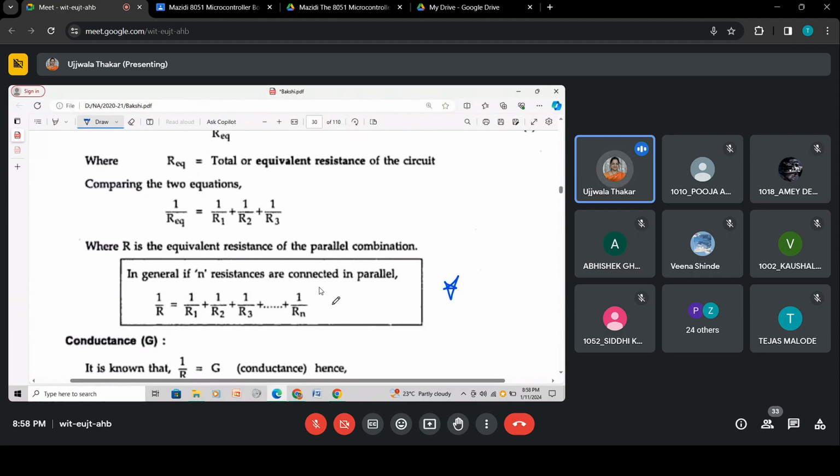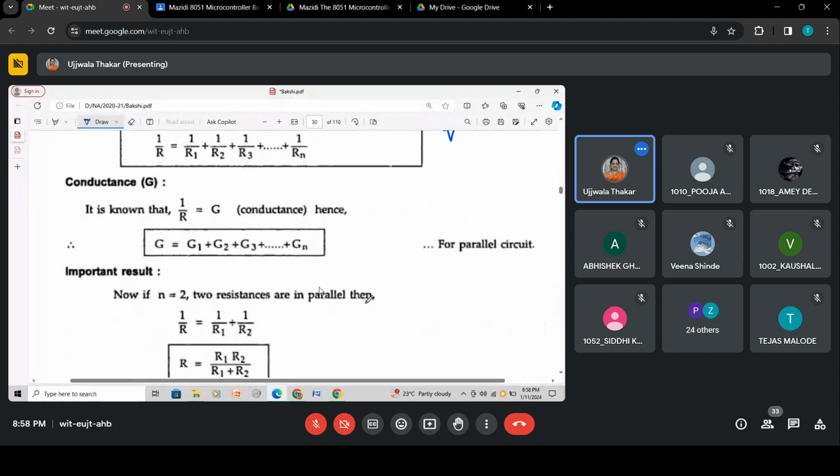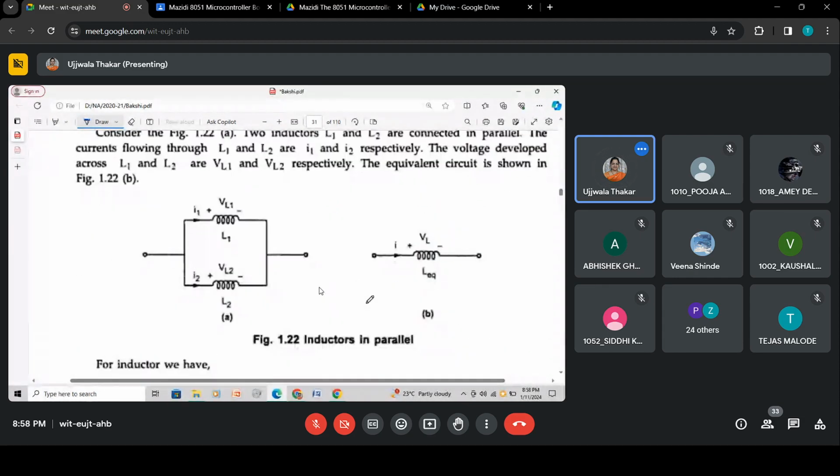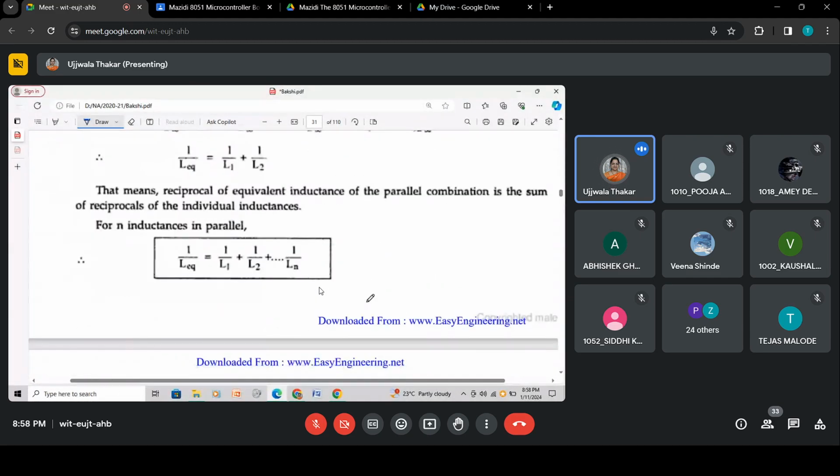Okay. You have to face these things a lot many times. So resistances in series, resistances in parallel. Capacitances and inductances in series and parallel will not be there for your solution.